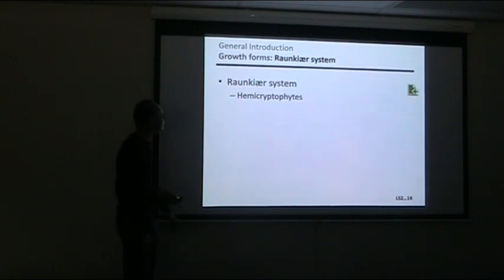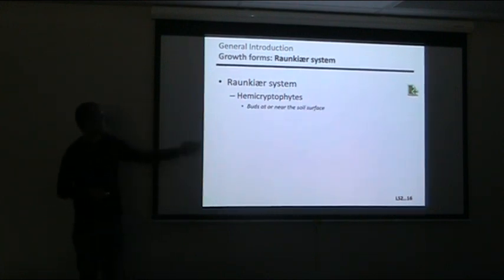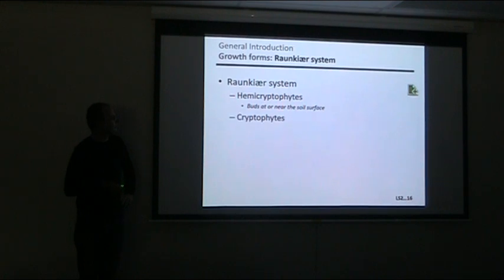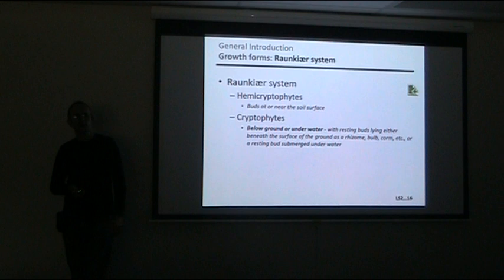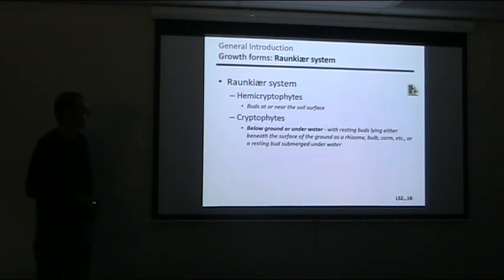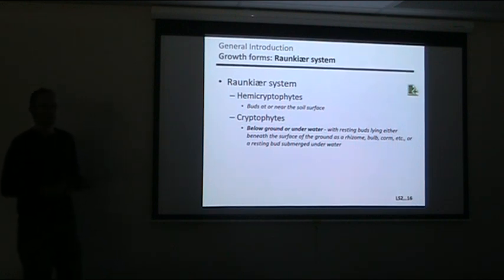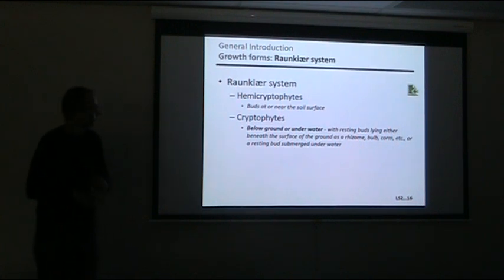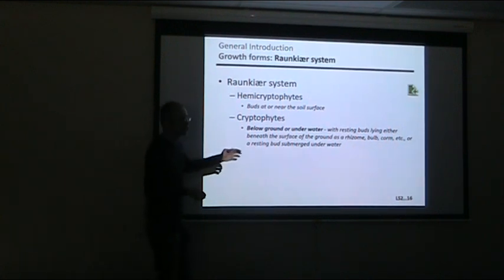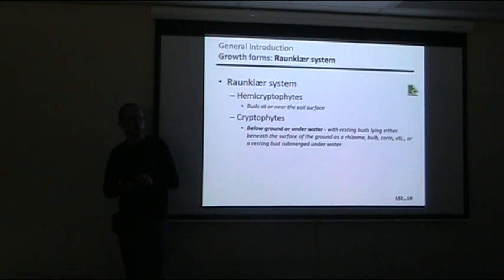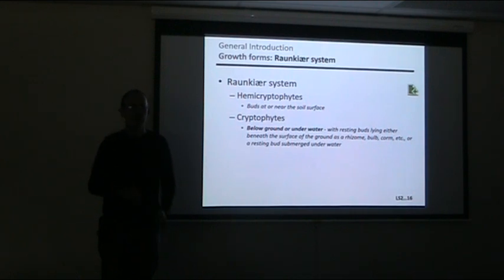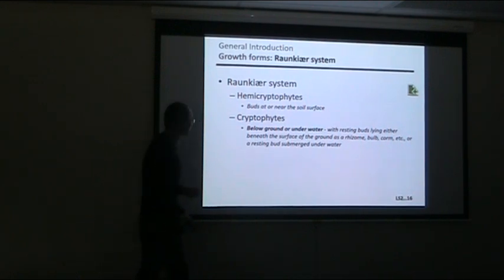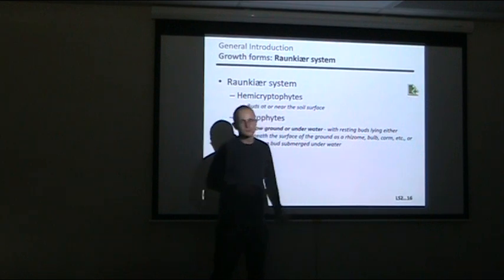Then there are hemicryptophytes, where the buds are near the surface. Cryptophytes, where your budding points are below the ground. So this is where you've got your geophytes. That's another term that you should be familiar with, so when you're looking at cryptophytes, make sure you've got geophyte written there. And rhizomes, bulbs.